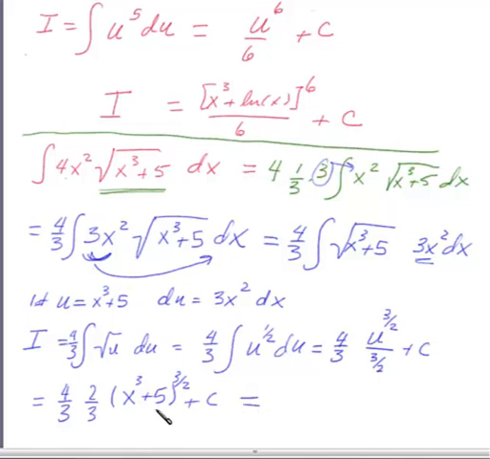And the final thing I'll do, this makes the form better, but it doesn't really change the numbers. Instead of 4/3 times 2/3, I could say that's 8/9. So this is 8/9 times x cubed plus 5 to the power 3/2 plus a constant c.